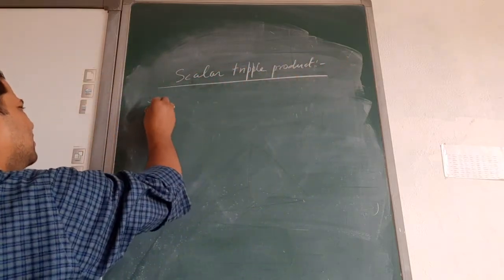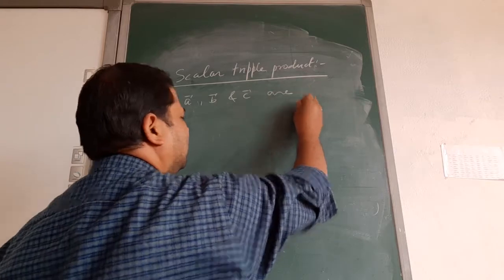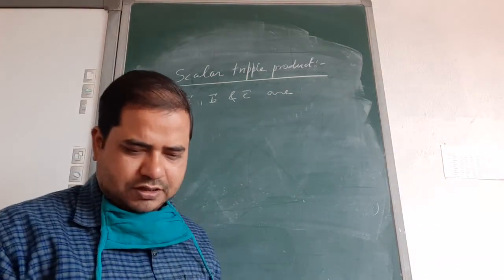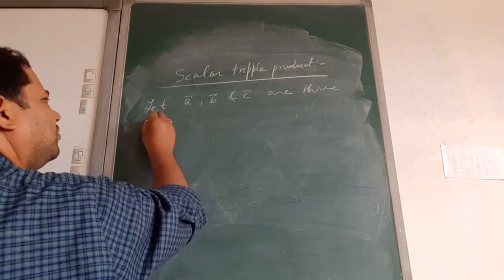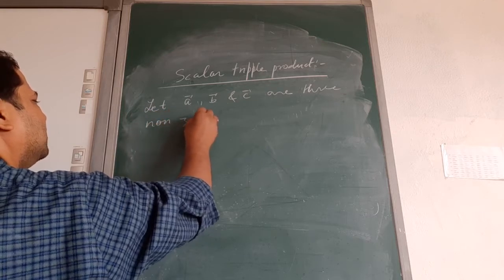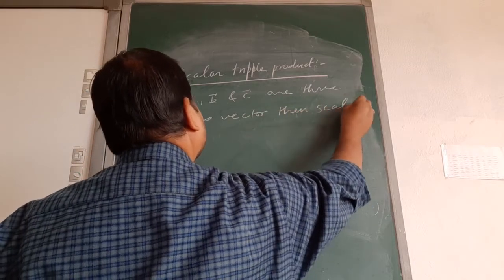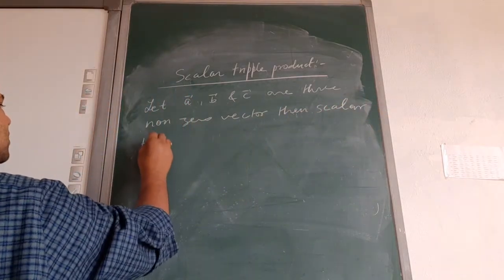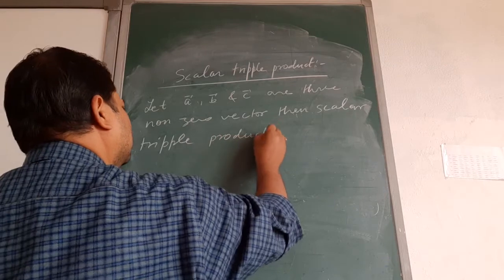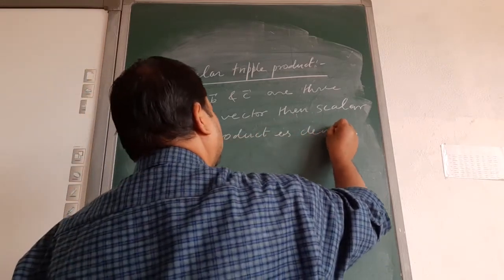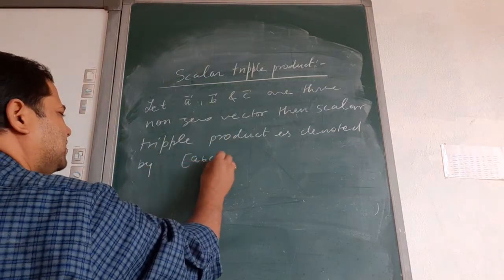Let A, B and C be three non-zero vectors. Then the scalar triple product is denoted by [A B C].